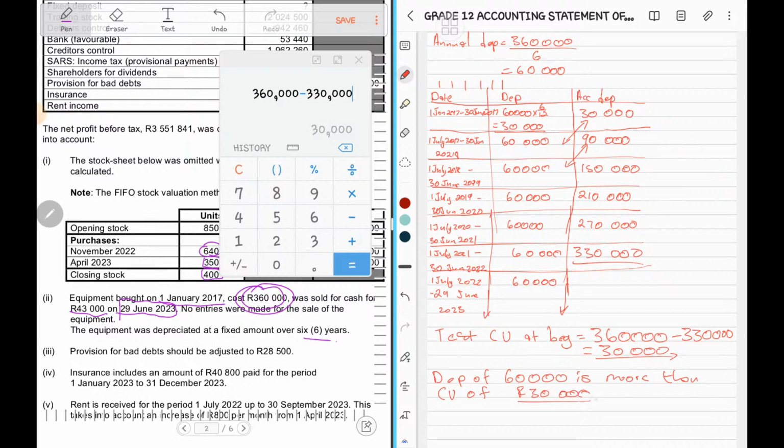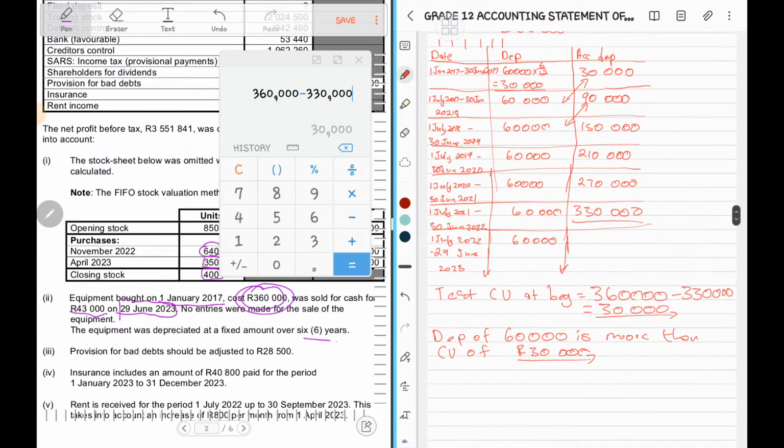And remember what I said last time, that if it is like this, then depreciation will be the carrying value minus the 1 rand. So in our case, it will be 30,000, then we minus the 1 rand. The 1 rand, remember, is the residual value, the value of an asset after it has been fully depreciated. Here we can see that it has outlived its useful life already.